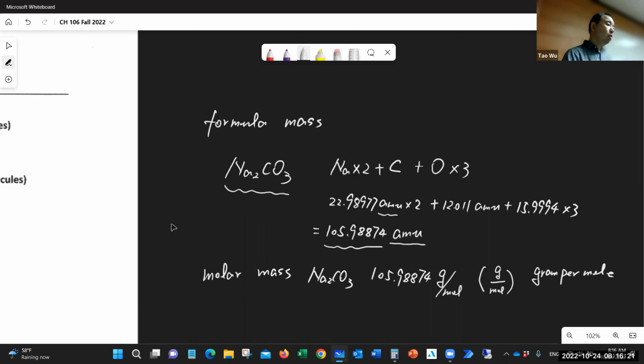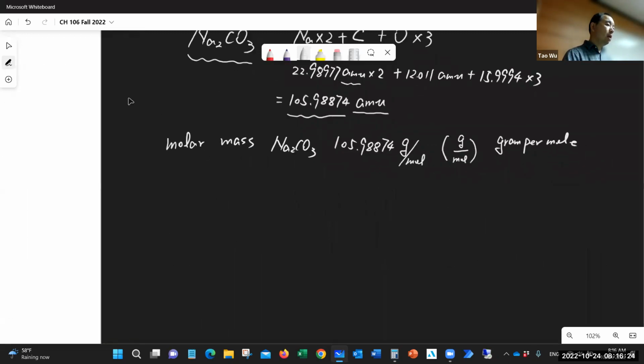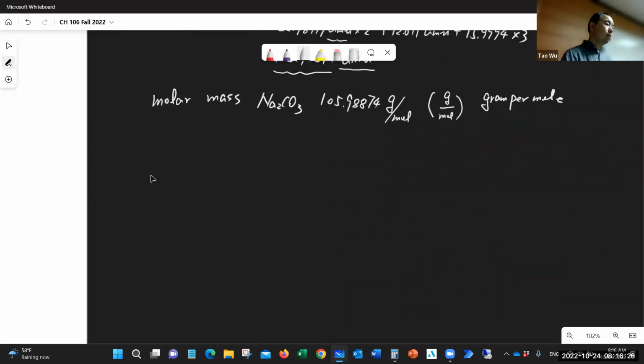And we also talked about the conversion between mass and mole, and mole and mass.